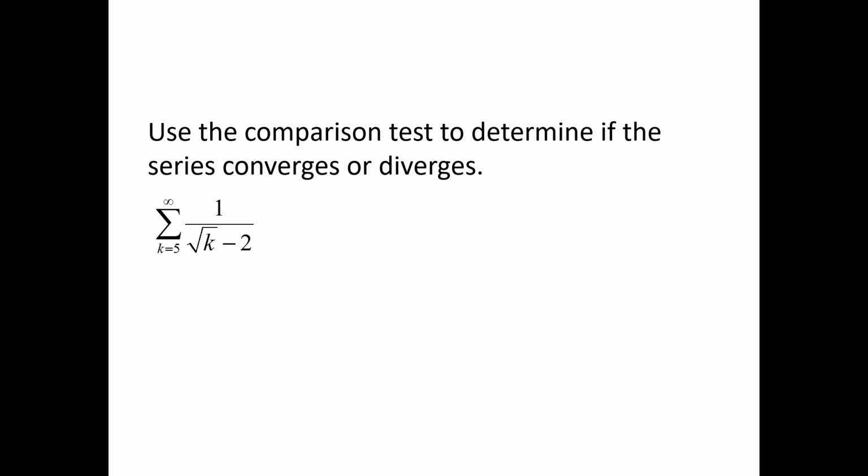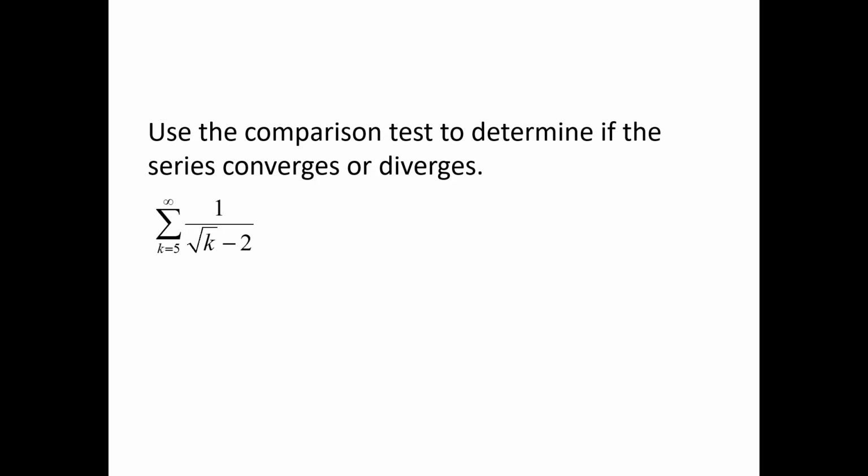So this says, use the comparison test to determine if the series converges or diverges. Again, the test on the previous slide had two series and you're only given one, right? And so what you want to do is ignore all of the terms but the fastest growing terms in both the numerator and denominator.